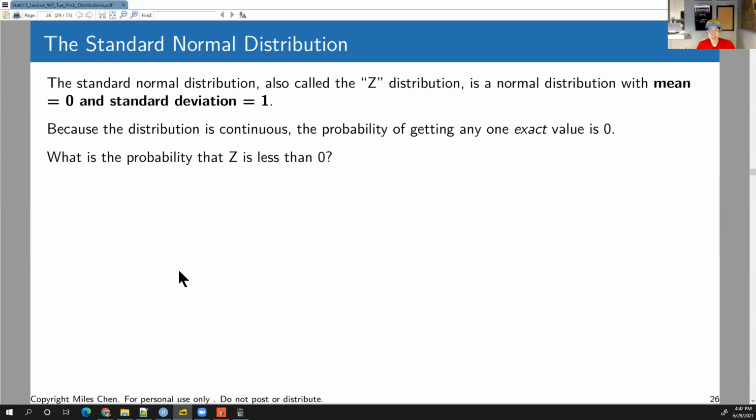And the probability that anybody is exactly 64.0000 with infinitely many zeros, the probability of being exactly that amount is 0, okay?